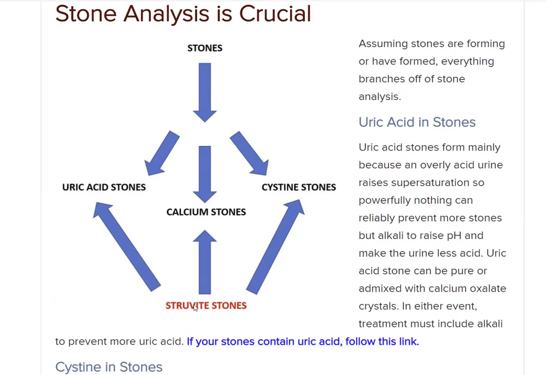Sometimes stones are made of struvite, magnesium ammonium phosphate. They're caused by bacteria themselves. The metabolic profiling and everything else that this site specializes in is not the main point.